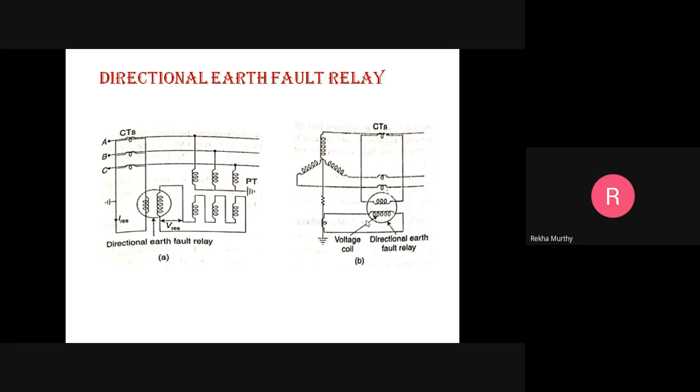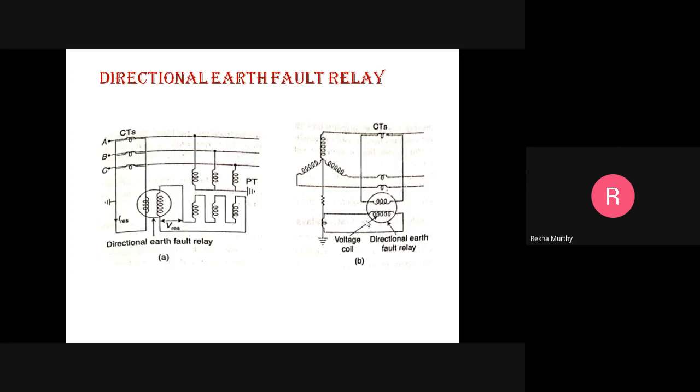We can also consider a voltage transformer with more limbs, a special type of 5-limb VT, which can energize both the earth fault relay as well as the phase fault relays.